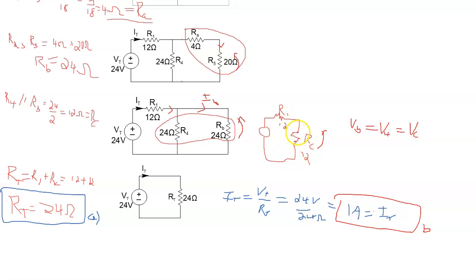And because this circuit here got IT flowing through it, then we can calculate VC is equal to IT times RC. And so that is 1 amp times 12 ohms, or 12 volts.